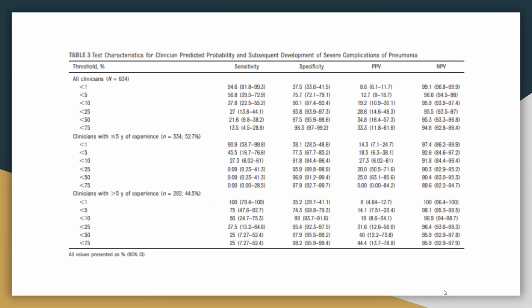I think the experience data is kind of interesting, but I'm not sure it adds tremendously to this study, because the more global point is that in the middle range child, gestalt probably isn't good enough to predict who is going to come back with a severe complication. And so the question is, what do you do about that?